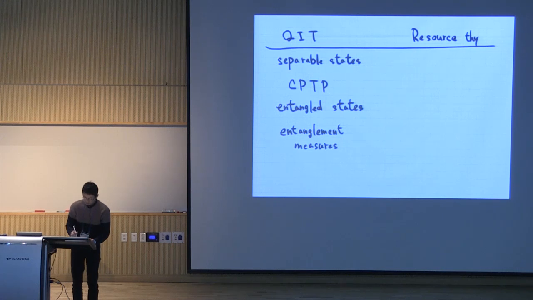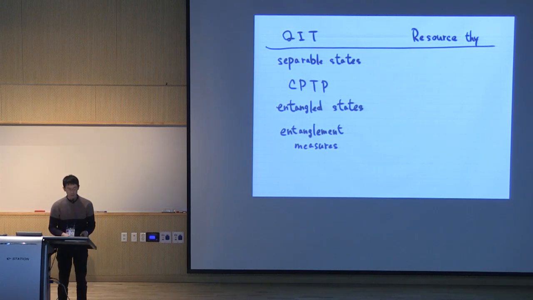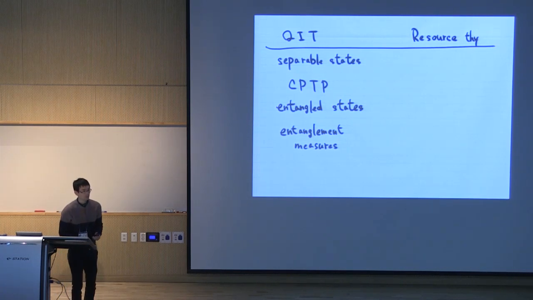Sometimes quantum information theorists say that entanglement is a resource. And what do they mean by resource? That's what I want to talk about here.